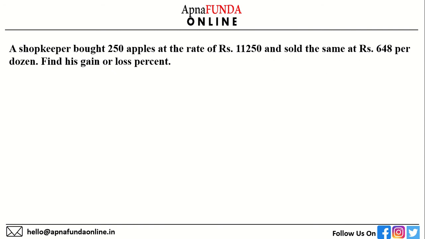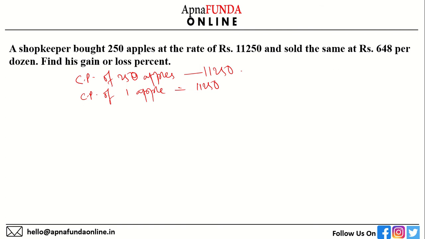So we know that CP of 250 apples is 11,250. So CP of one apple is 11,250 divided by 250. This will give me 45.